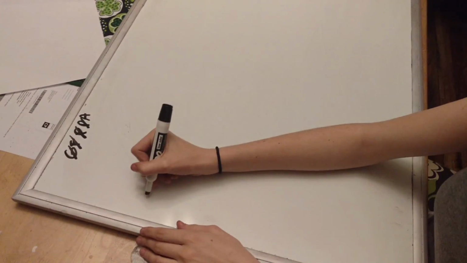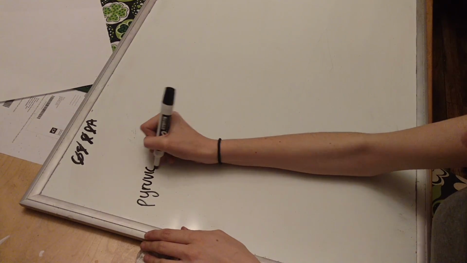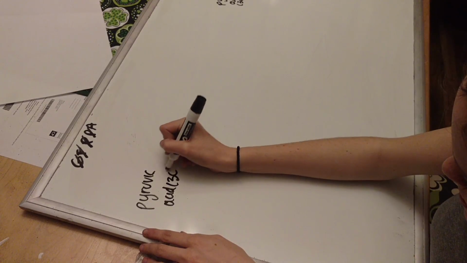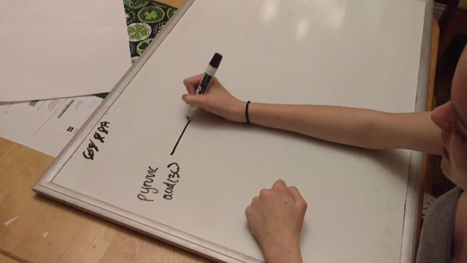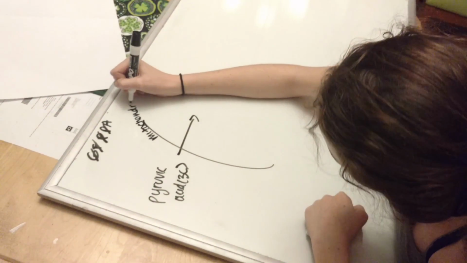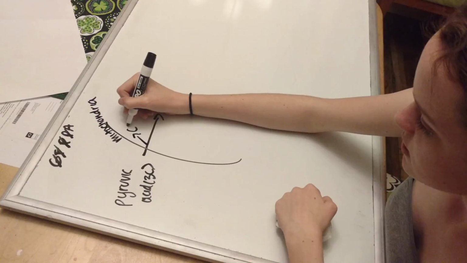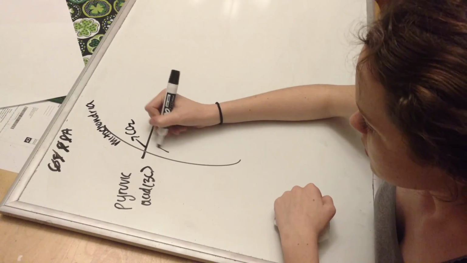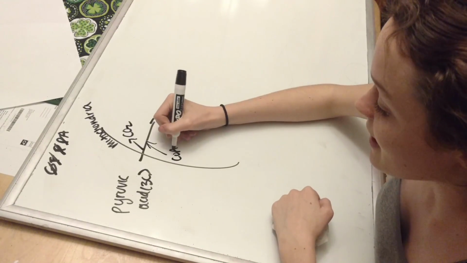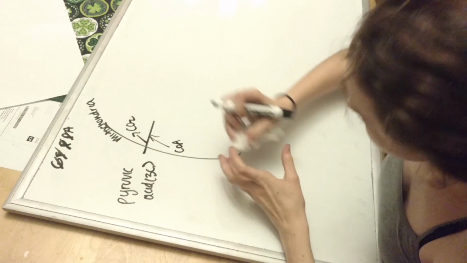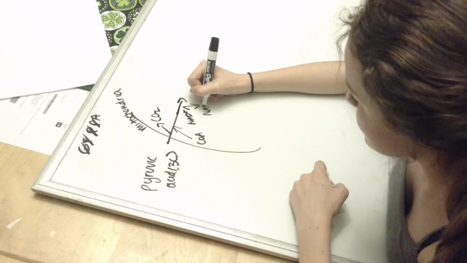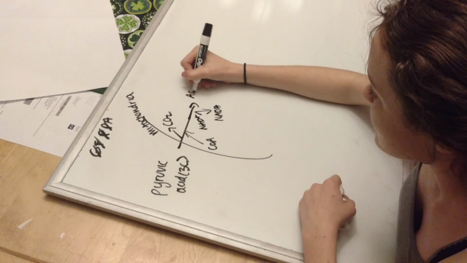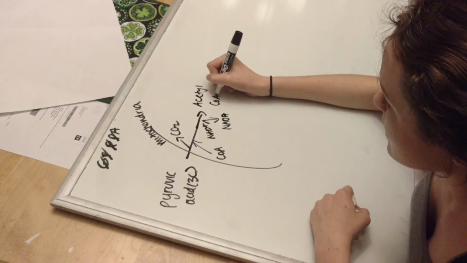Okay. Then pyruvic acid, 3 carbons. So then the pyruvic acid enters the mitochondria, and then CO2 leaves, and then a CoA, which means coenzyme A, enters, and then also with that, NAD plus goes to NADH, and this makes my acetyl CoA.